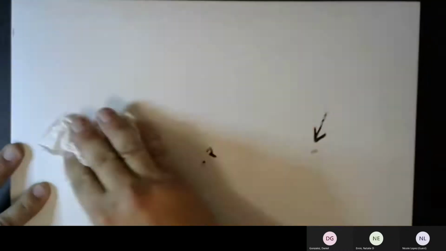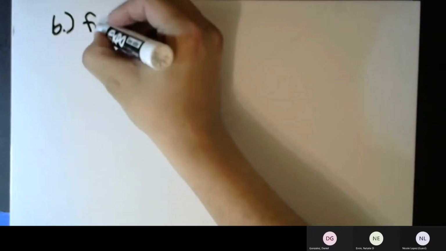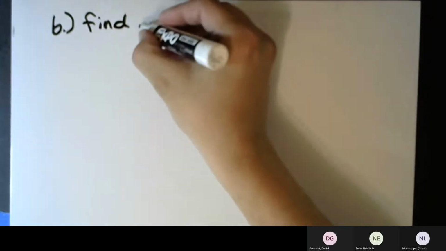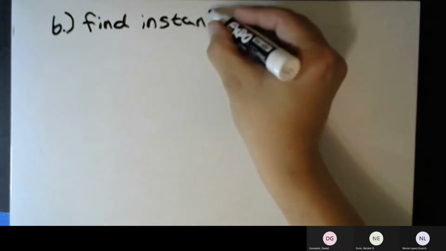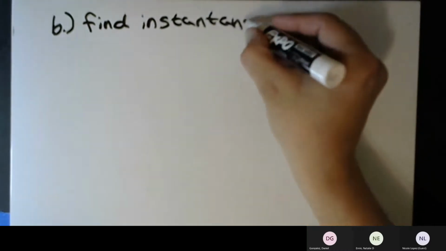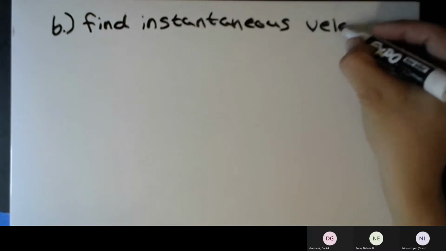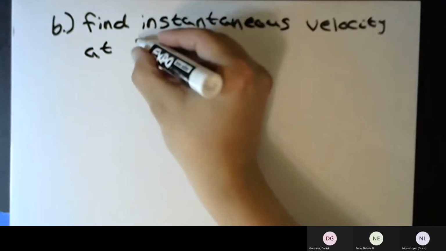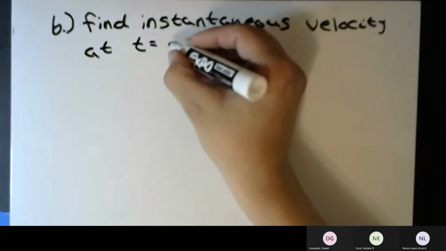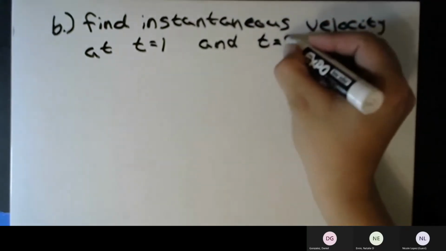Now, for instantaneous velocity, now we're going to find two velocities here.